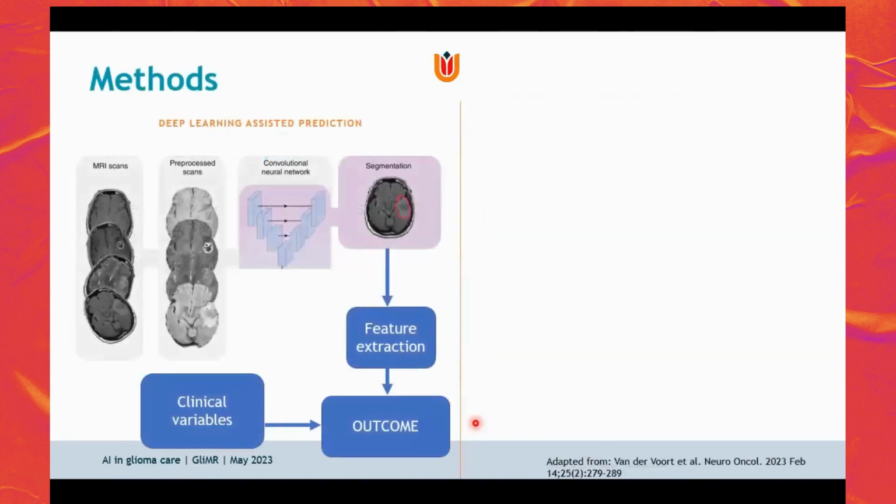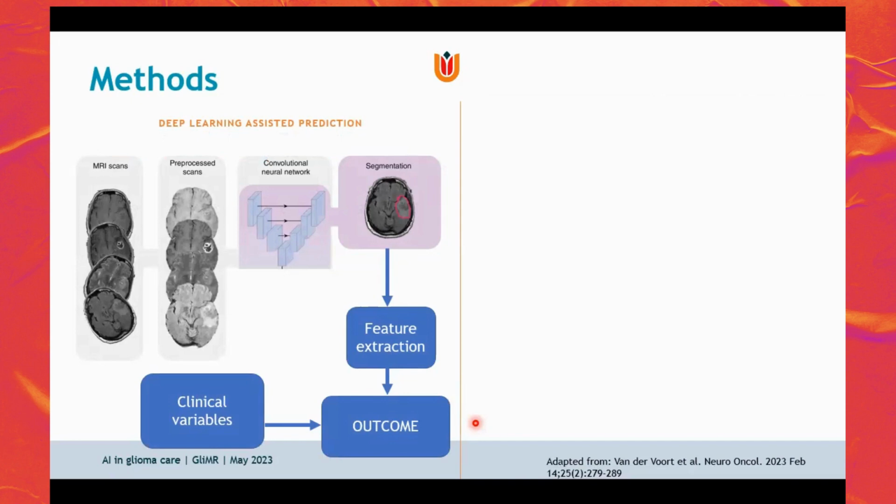So, for example, given that we are now able to automatically segment the tumor preoperatively for large data sets, this enables us to predict other outcomes of interest, for example, the IDH status or other molecular subtypes, or for example, the overall survival.